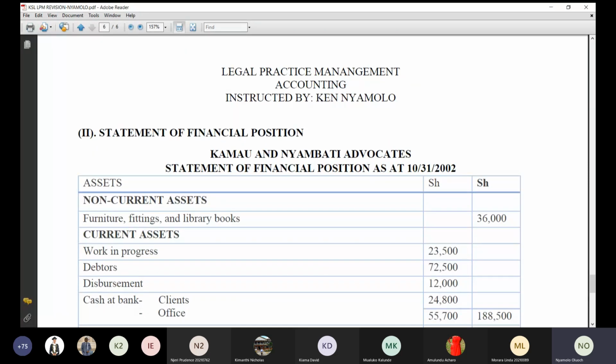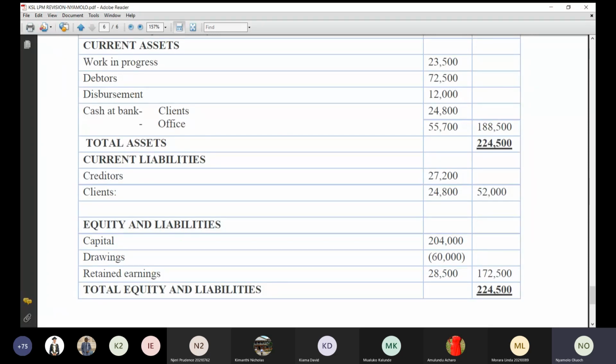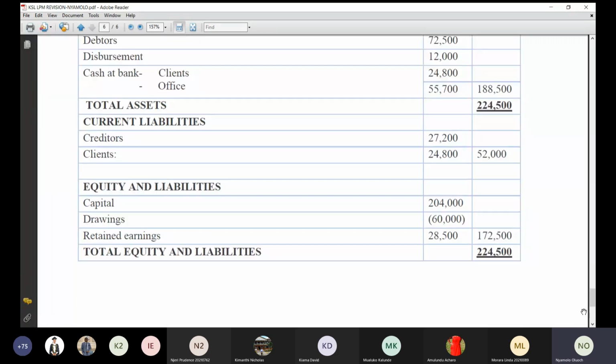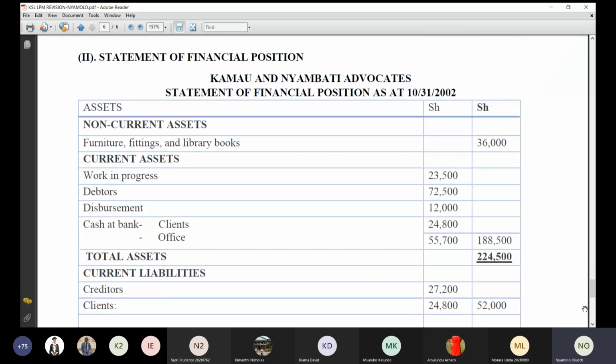So this is direct. The next question that I'm going to do, the last one that I will be doing, then like Melissa, I would have discharged my burden. Only that for me, you can always find me and consult. Not to say that you cannot find Melissa, but you can always find me.